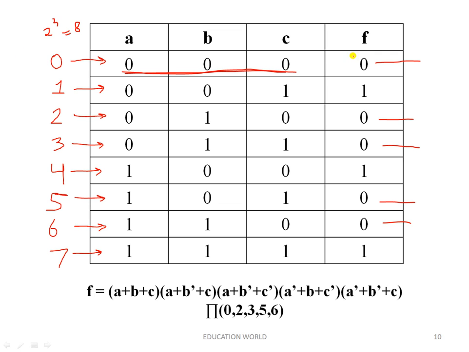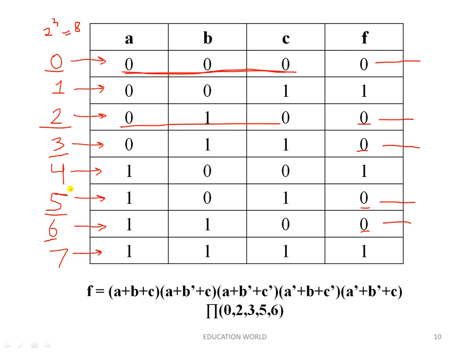So for the first 0, the value is 0. Then for the next 0, it is 2. Then for this 0, the value is 3. For this 0, the value is 5. For this 0, the value is 6.